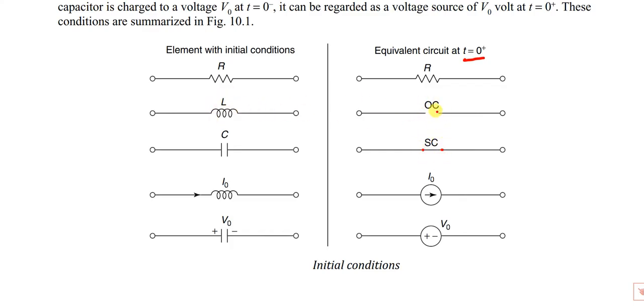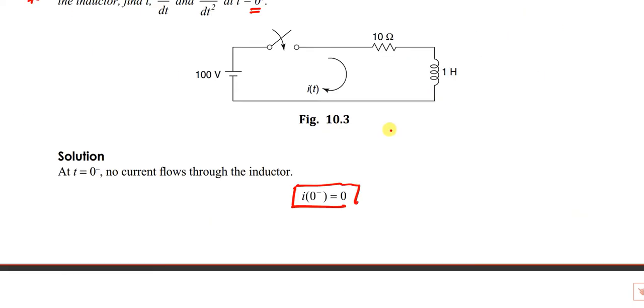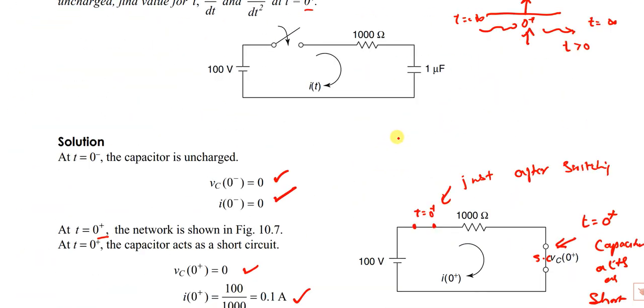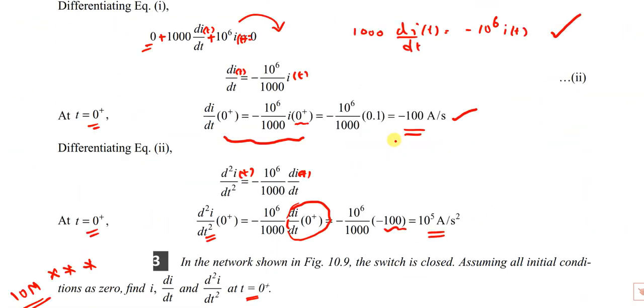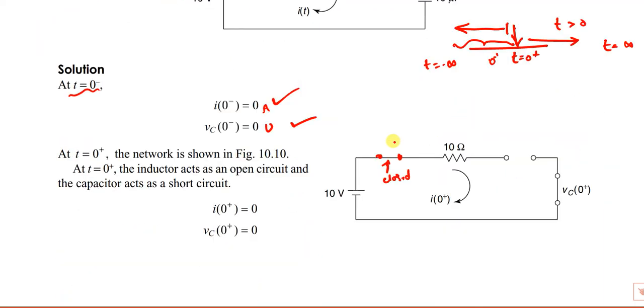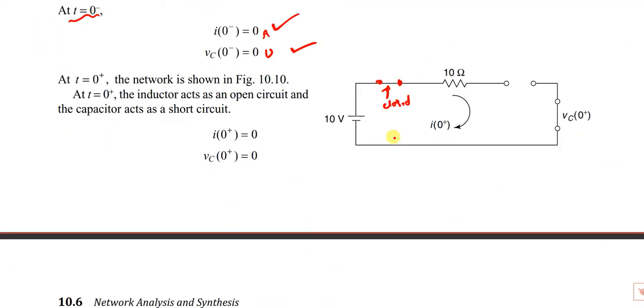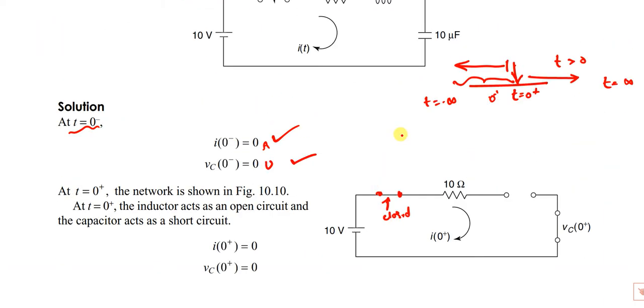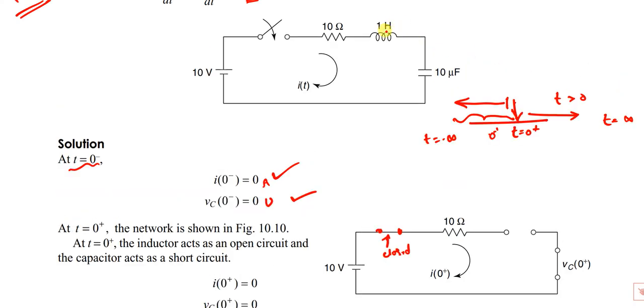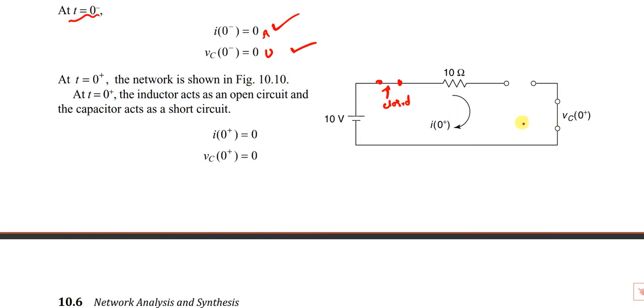The inductor, just after switching, acts as an open circuit. Here the right side is the capacitor and this is the inductor. The capacitor acts as a short circuit, the inductor acts as an open circuit.